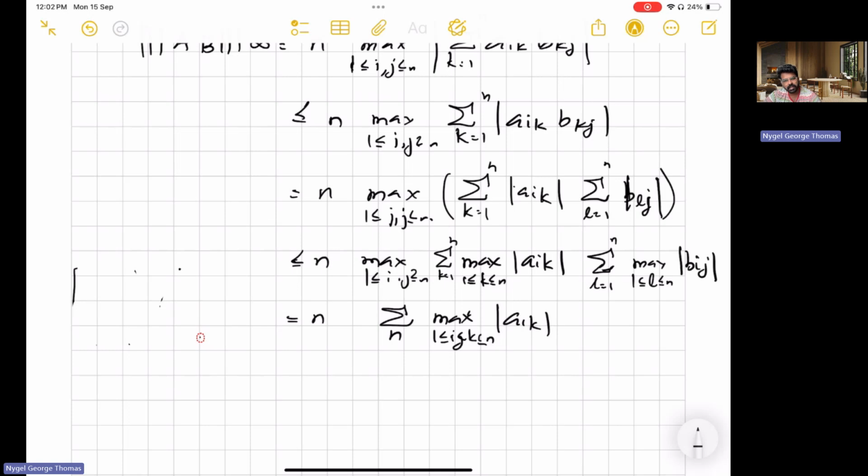Well, when I'm looking at it, I have two sums. I'm getting an n cubed.